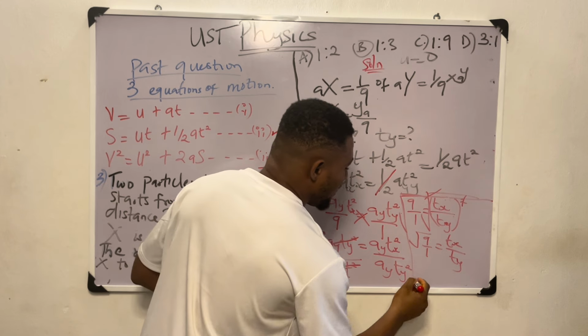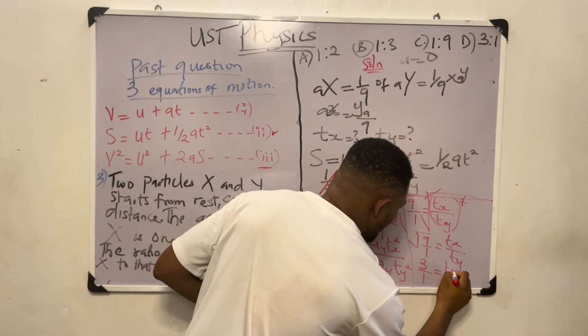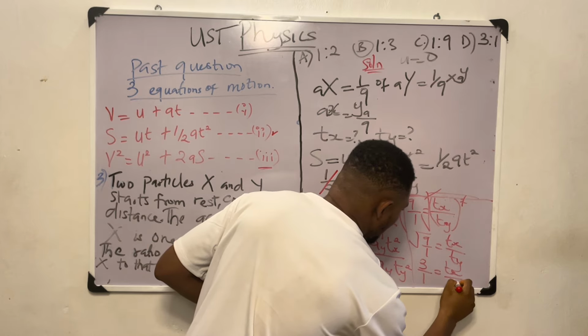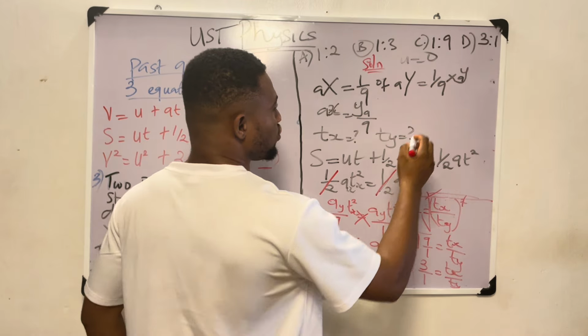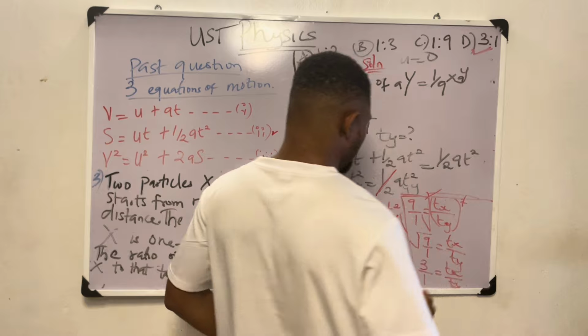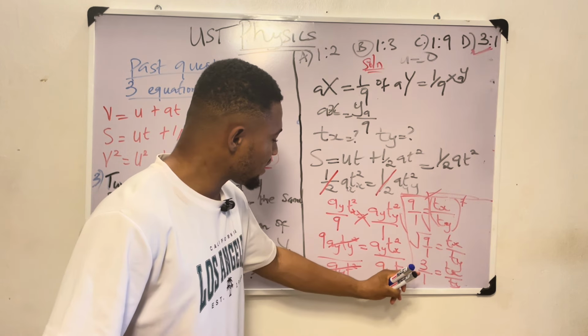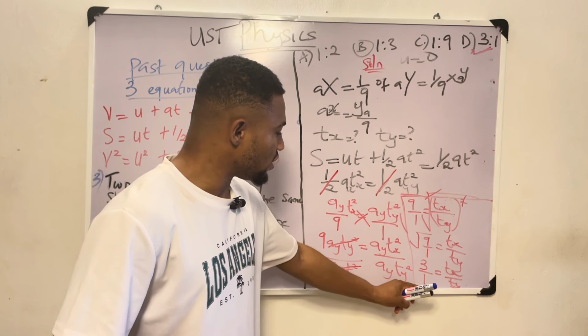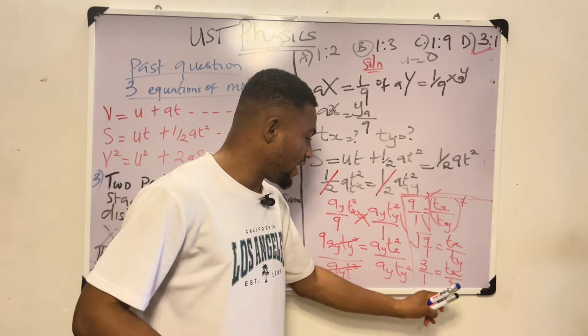The square root of 9 is 3, so Tx over Ty is 3/1. This is the ratio, which is option D. Option D is correct. So the answer is 3/1. The time taken by X is 3, the time taken by Y is 1.